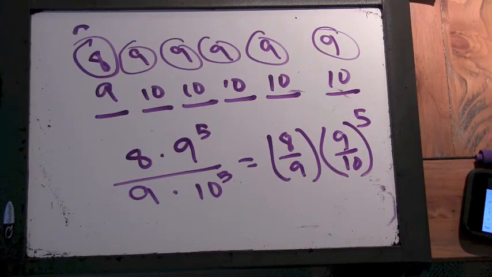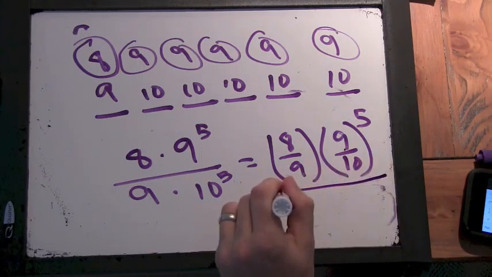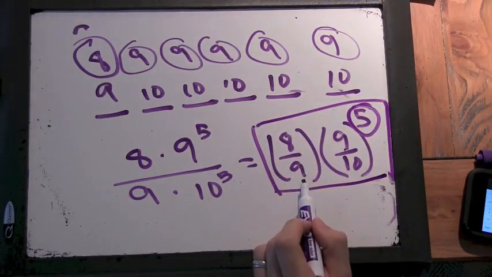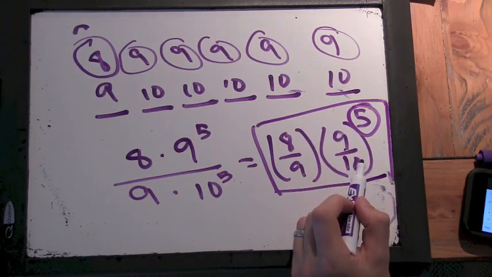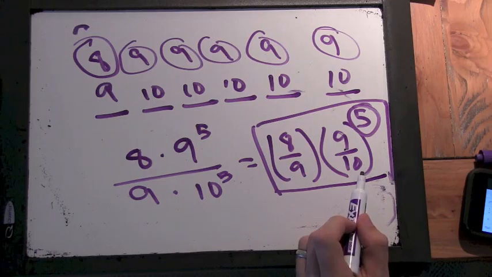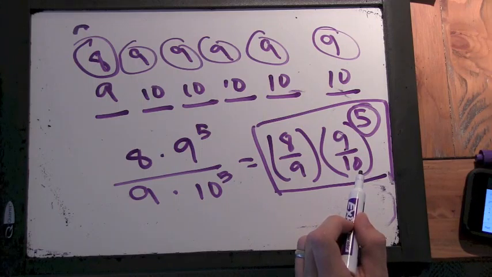So I keep getting an expression that looks like this, raised to a power. Now, is 8 ninths bigger than 1 or less than 1? It's a little less than 1. Is 9 tenths bigger than 1 or less than 1? It's even closer to 1, but not bigger than 1, and therefore less than 1.